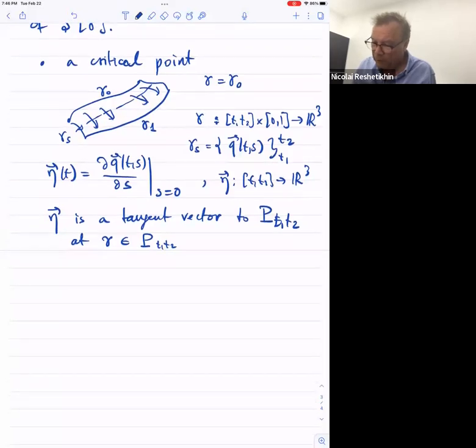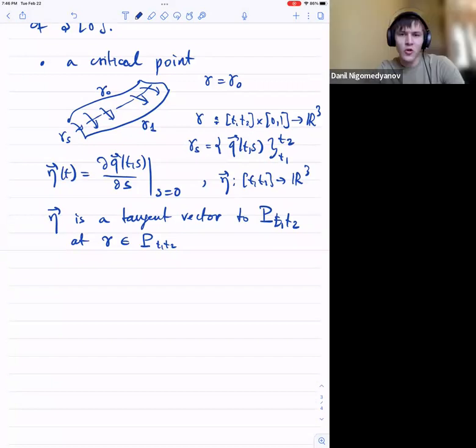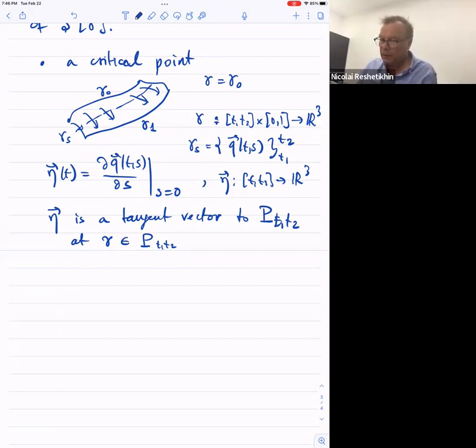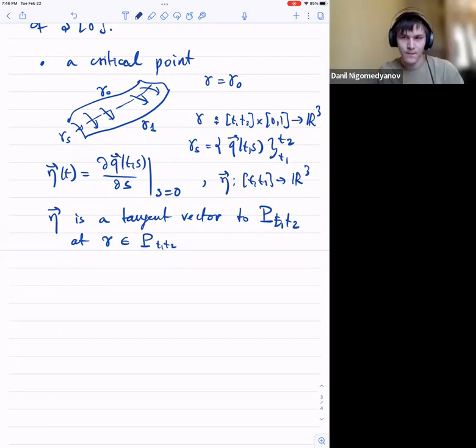Now we want to have a critical point. You mean we have a trajectory of paths in our space, and eta is a tangent vector to this trajectory? You see, you have the space of paths.